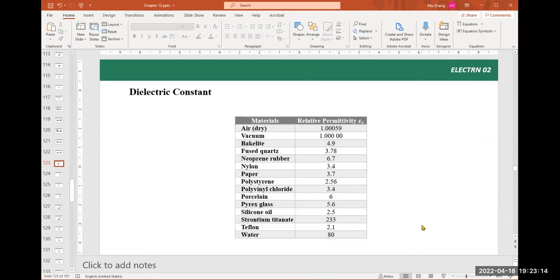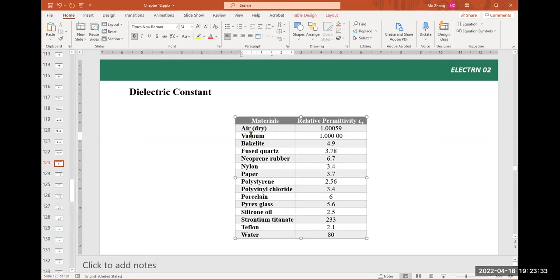This table gives us an idea about the materials that can be used to improve capacitance, and how many times better they are than using air or putting nothing, using vacuum.